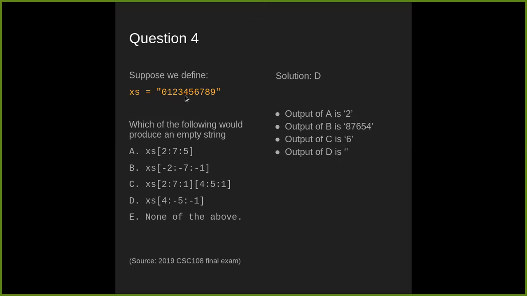and then the output of D, it starts at index 4, which is the number 4, and then it goes all the way to the 5th last index. So if you count from 9, so 9 is -1, 8 is -2, 7 is -3, 6 is -4, and 5 is -5, but then you don't include the 5th last index, and then you go backwards.